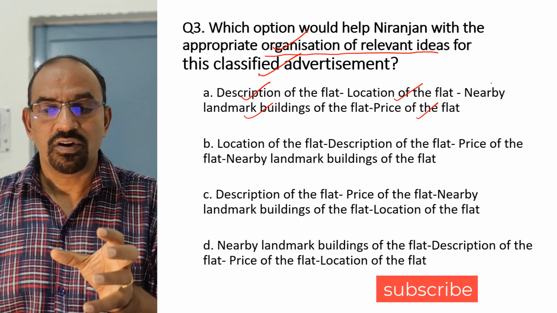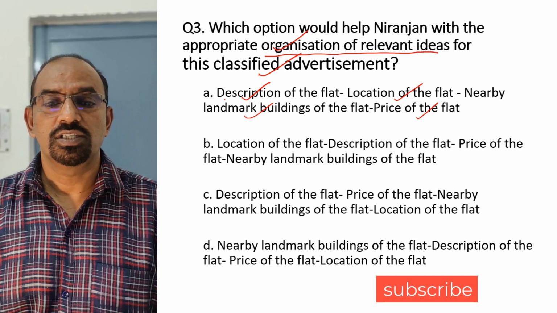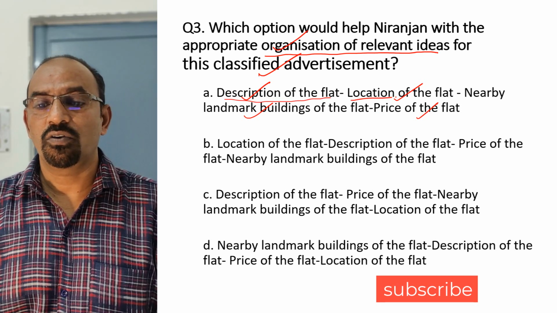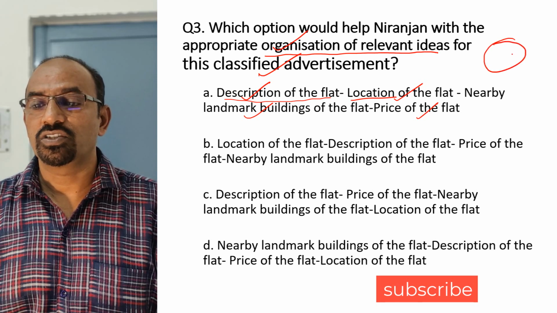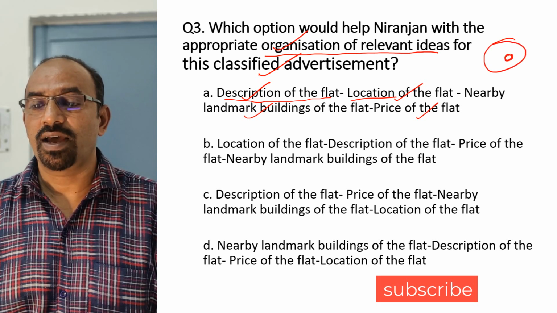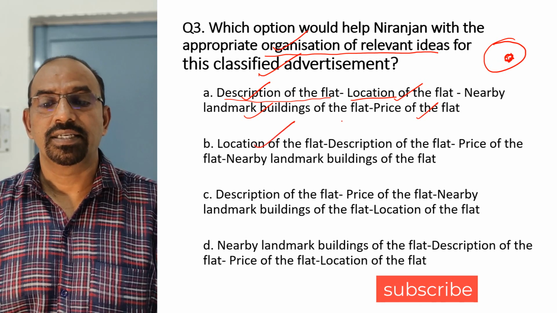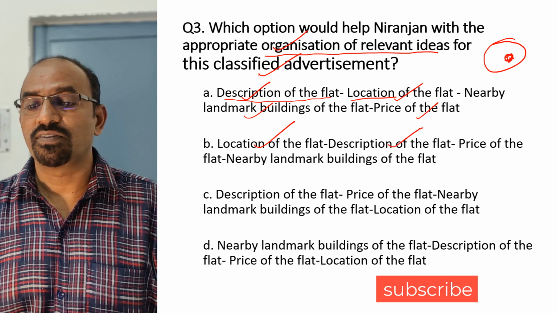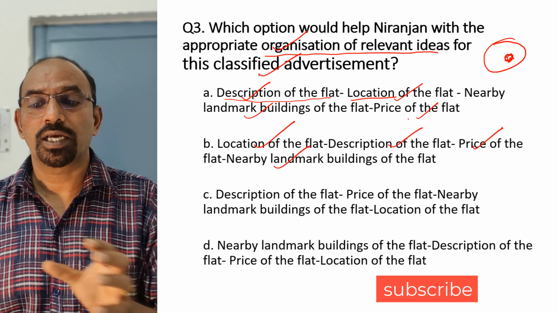Is this the right way of giving the information? First description of the flat, then location. First of all, we have to give the location, then where is that flat, then describe the flat. Location of the flat, yes, good. Description of the flat, yes. Then price of the flat, then nearby landmark buildings of the flat.